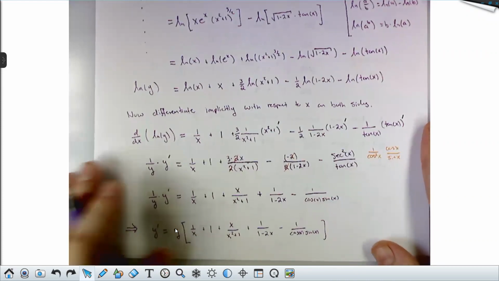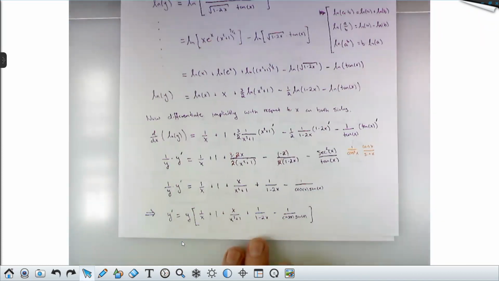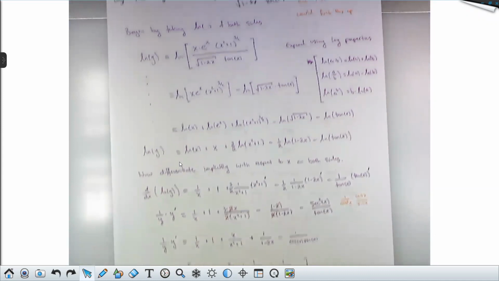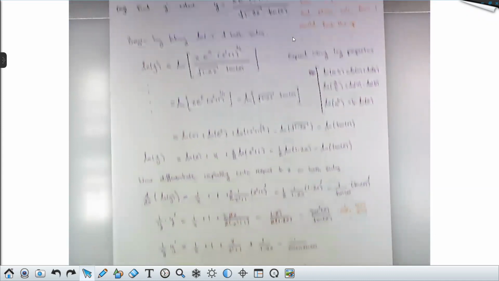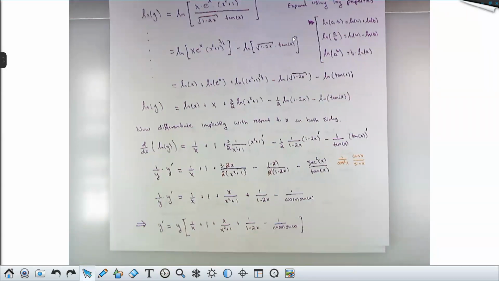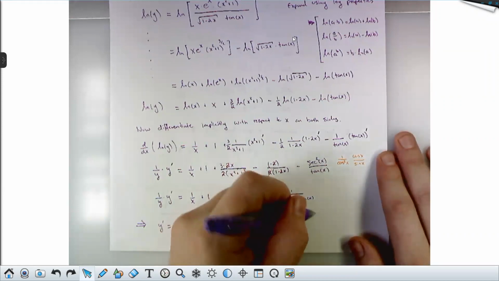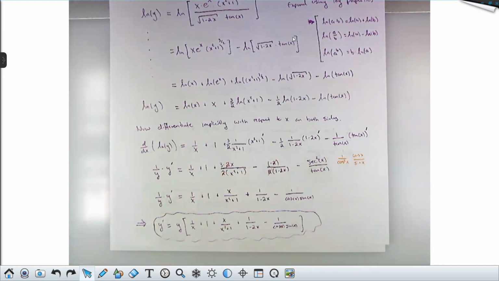And if you want an explicit expression for the derivative instead of an implicit expression, if you want to get rid of this y, you would plug back in. What was y? Y was this thing. But you don't have to. This is an implicit expression. We have done it. We have found y prime. And like I said, if you want an explicit expression, just plug back in for y here.